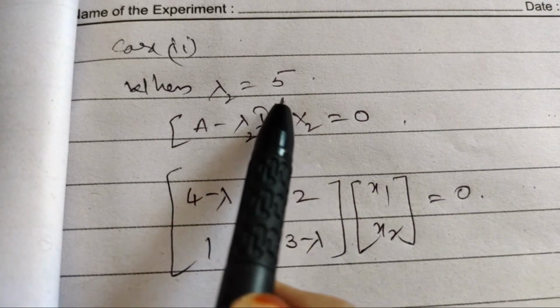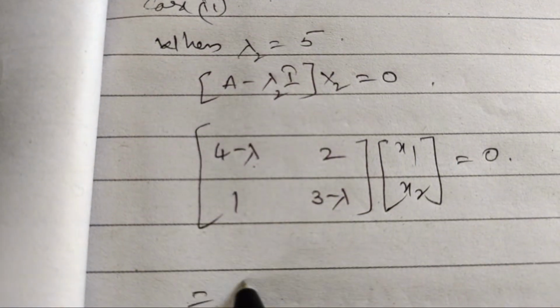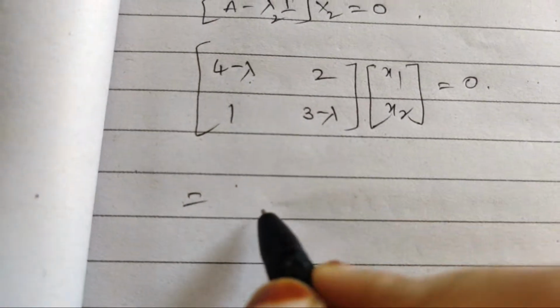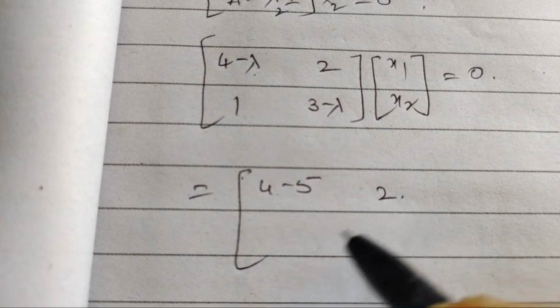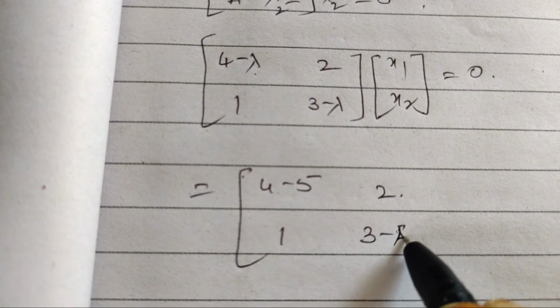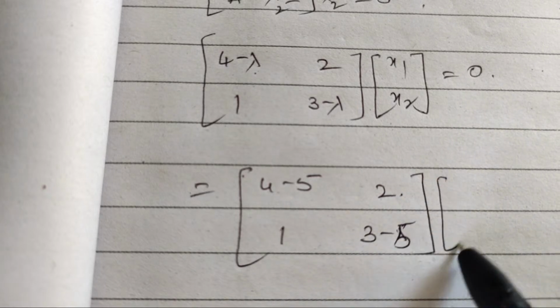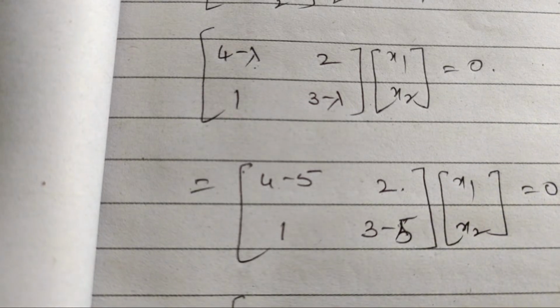Here lambda equals 5, which we substitute: 4 minus 5, 2, 1, 3 minus 5, x1 x2 equals 0.